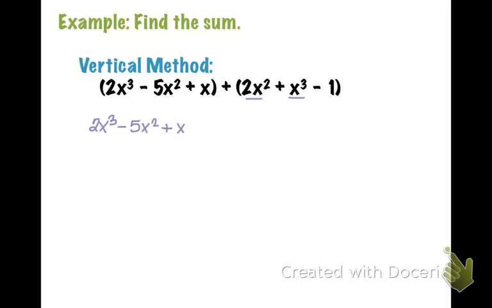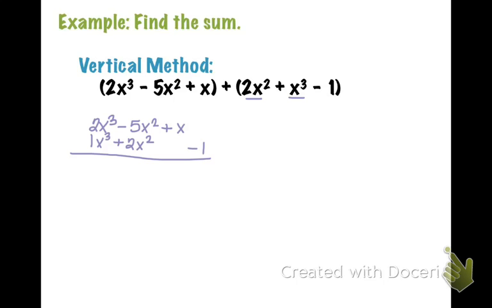So the 2x squared lines up with the 5x squared, and it's positive, so I'm going to go ahead and put a plus. The x cubed, and that's a 1x cubed, is going to line up with that one. There is no x term, so I'm going to leave a blank, but then there should have been a constant term out here at the end, so that's where I'm going to line it up for this one.